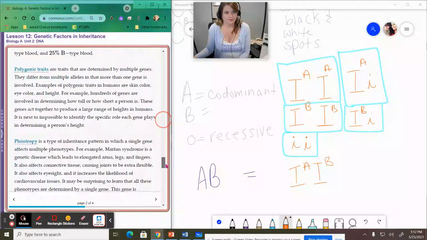Okay? That is discussed further down on page 2 here.